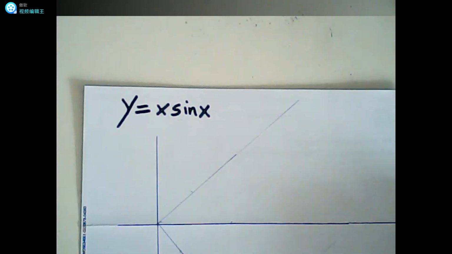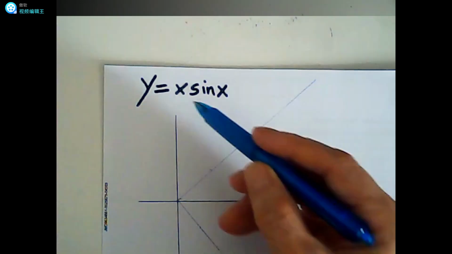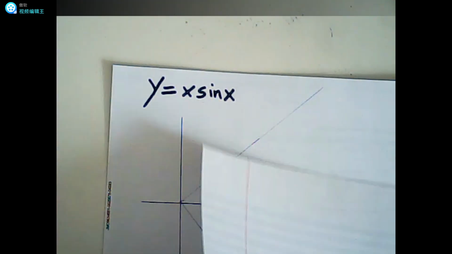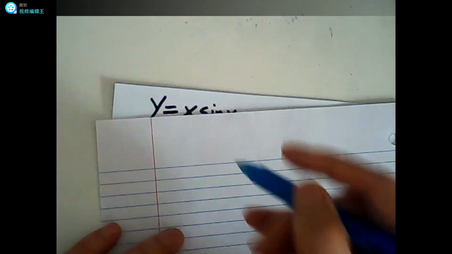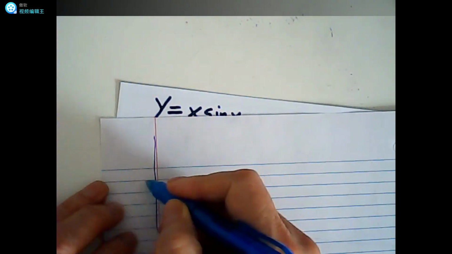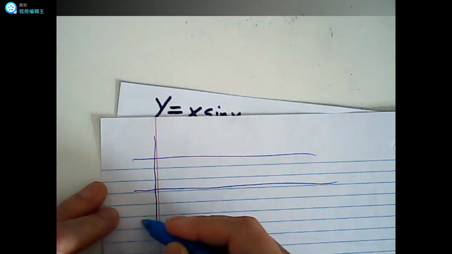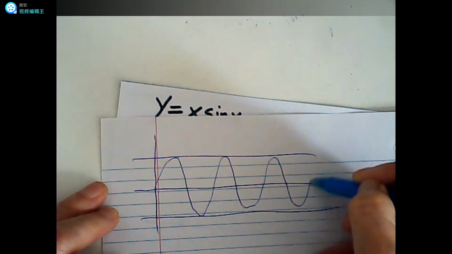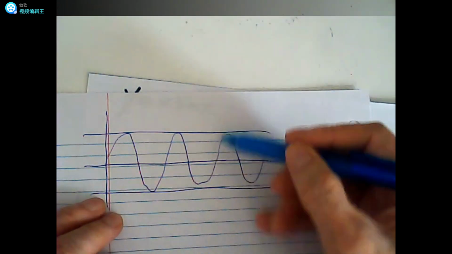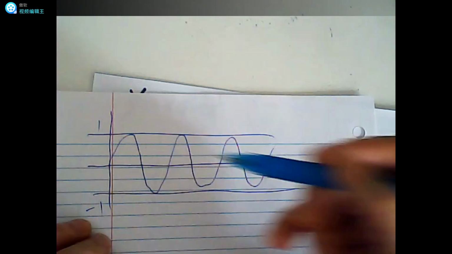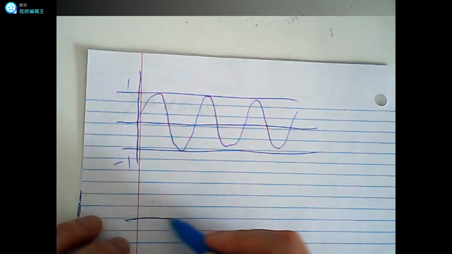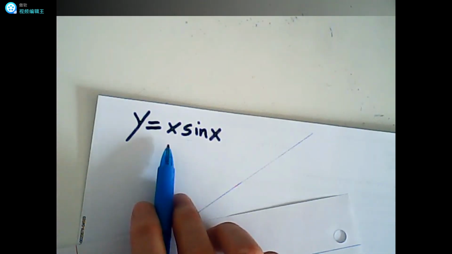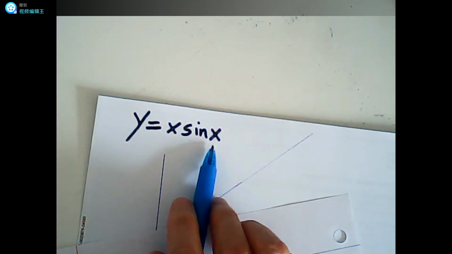picture in a domain. Now we know that the sine function is an oscillating function, right? The curve is oscillating between 1 and negative 1. Now we have this function x times sine x.